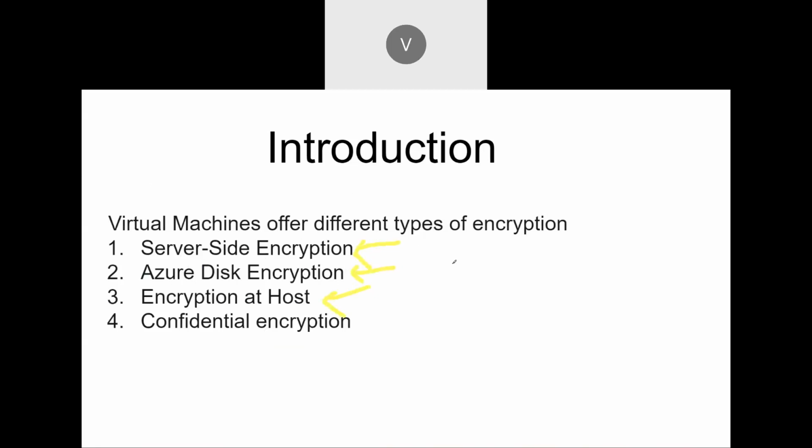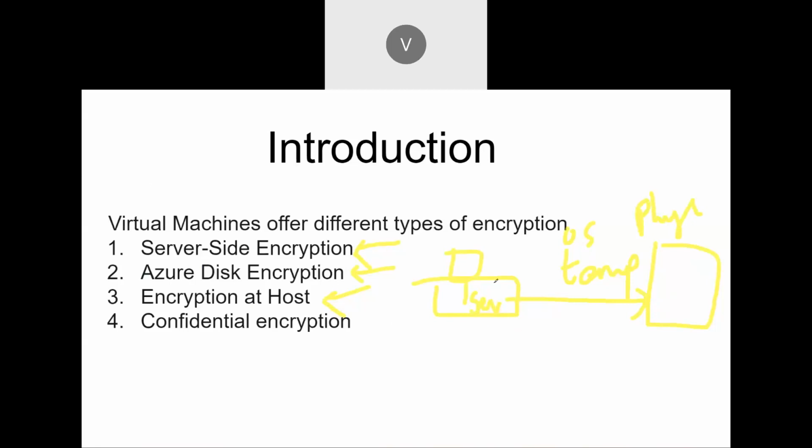Server-side encryption means that a virtual machine will have OS disks, temp disks and data disks. Inside the server, it will encrypt the data, and wherever the disks are actually stored in Azure's physical storage, the data will be encrypted and then stored in that physical storage location. That is server side. In server side, there are three types of encryption.